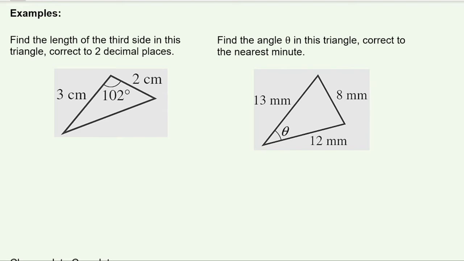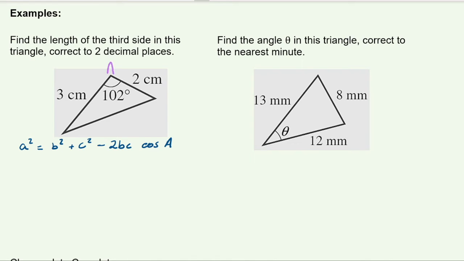Here we have: find the length of the third side in this triangle, correct to 2 decimal places. So we're looking for the side, so that is going to be this formula. What we're going to do is label the sides of our triangle in an appropriate manner.